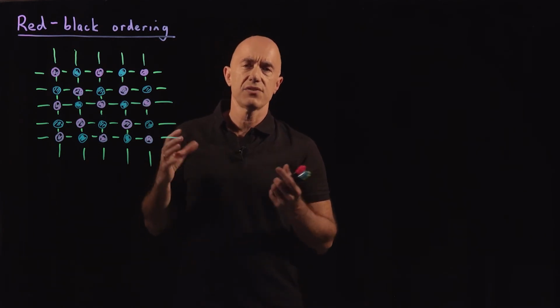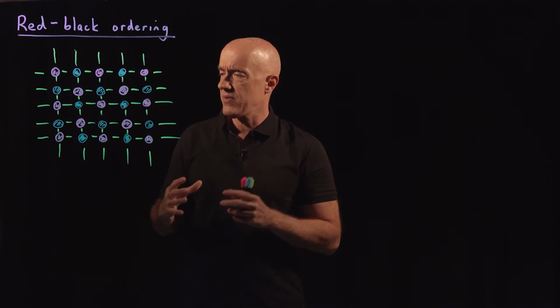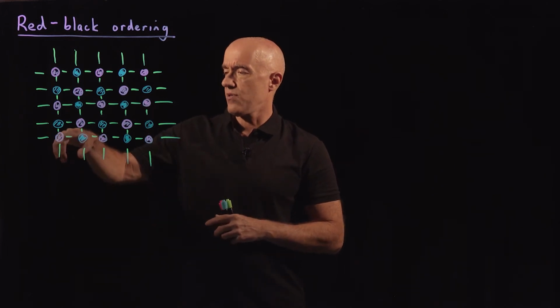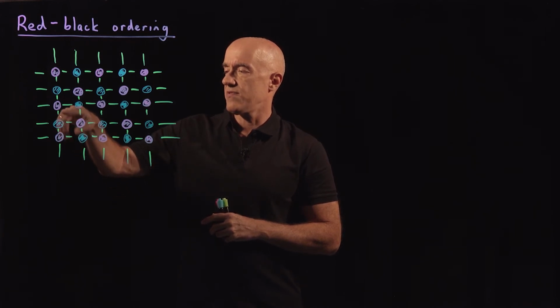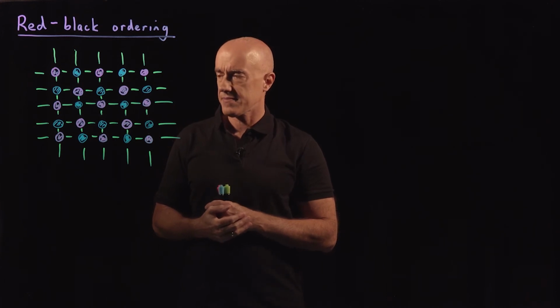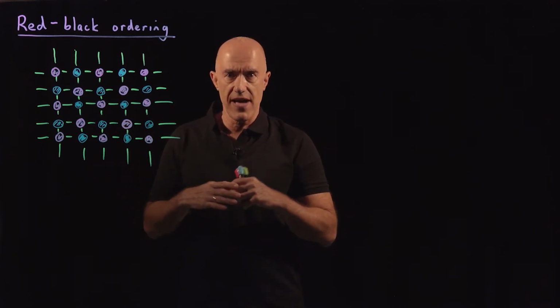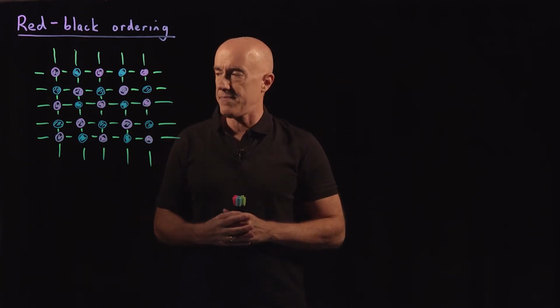So that leads to a way of doing the updating scheme. First, you update all the red grid points because you use the value of the black grid points at the previous iteration. The black grid points are all at the same iteration step.